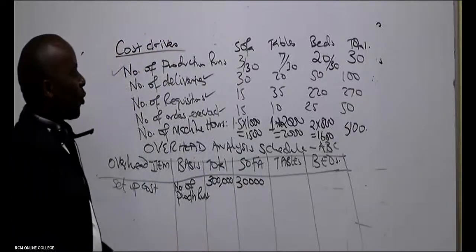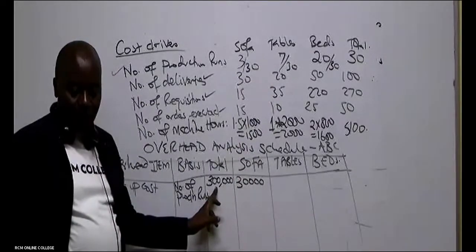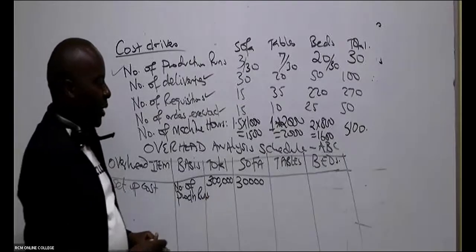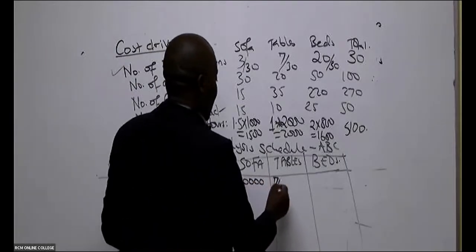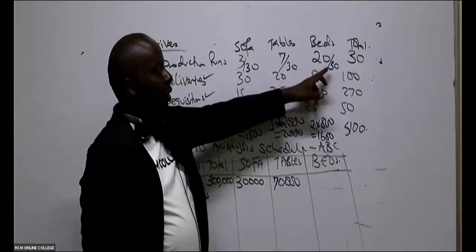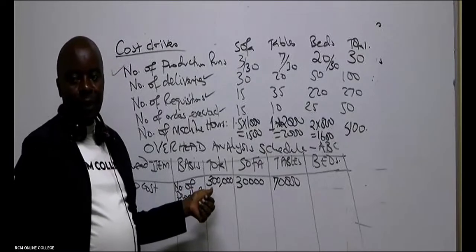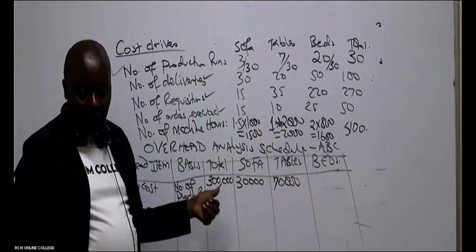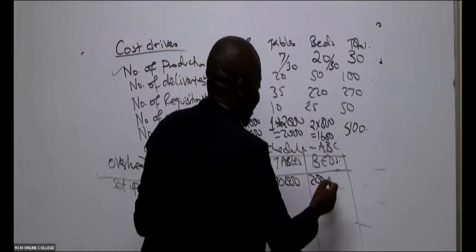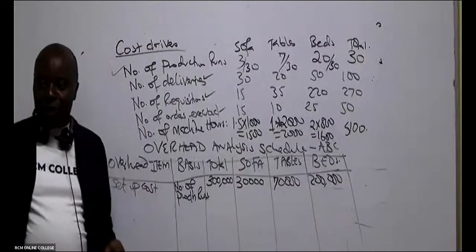The next one will be 7 over 30 times 300,000. 70,000. From there, ladies and gentlemen, we have beds, which now will be 20 over 30 times 300,000. Let me look carefully. 200,000, isn't it? So that is one approach.